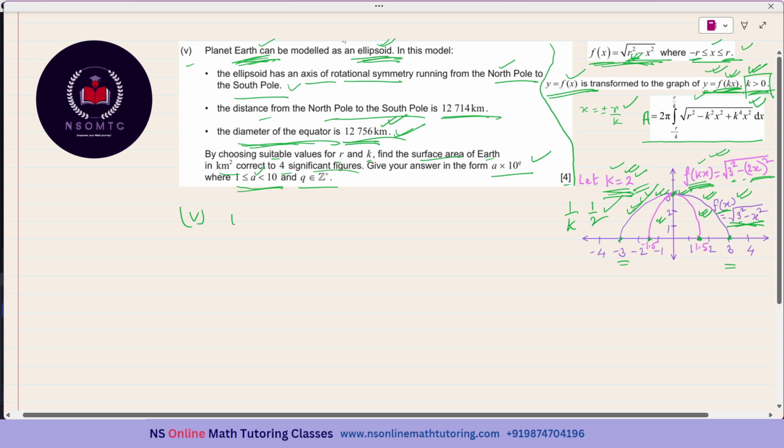The equatorial radius R is equal to 12756 divided by 2. You can use the calculator if you like. It will be 6378 kilometers.